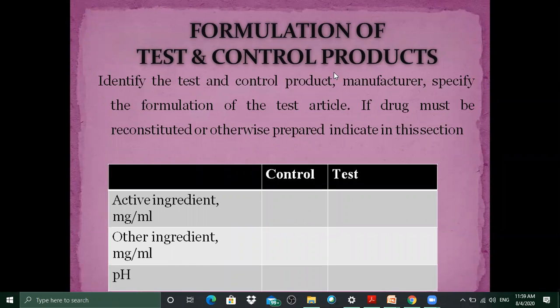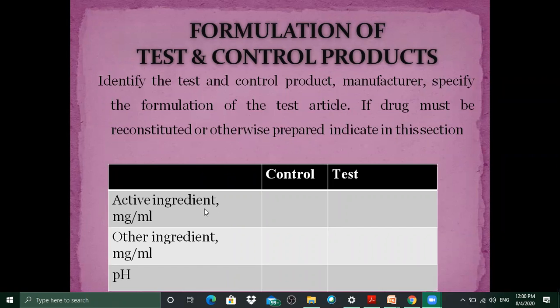Okay. Then formulation of the test and control products. So identify the test and control product. Manufacturer specify the formulation of the test article. If drug must be reconstituted or otherwise prepared, indicate in this section. So you should be mentioning all this detail about your formulation.